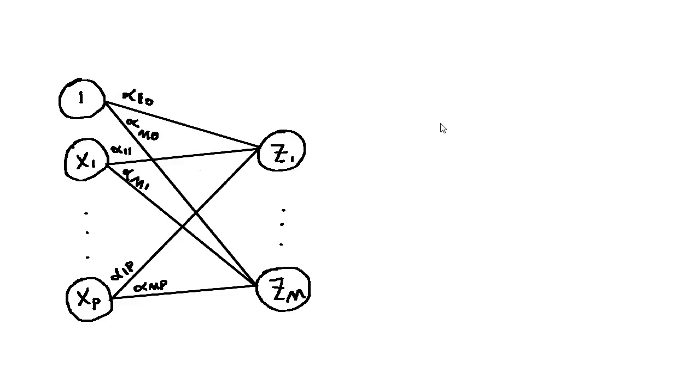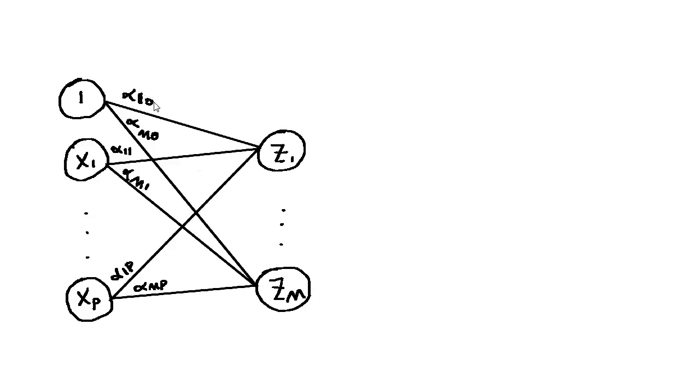Taking h of each activation ai, we get zi, given by h of alpha i transpose x, for i equals 1 to m. We can represent the zi as follows: z1 through zm.